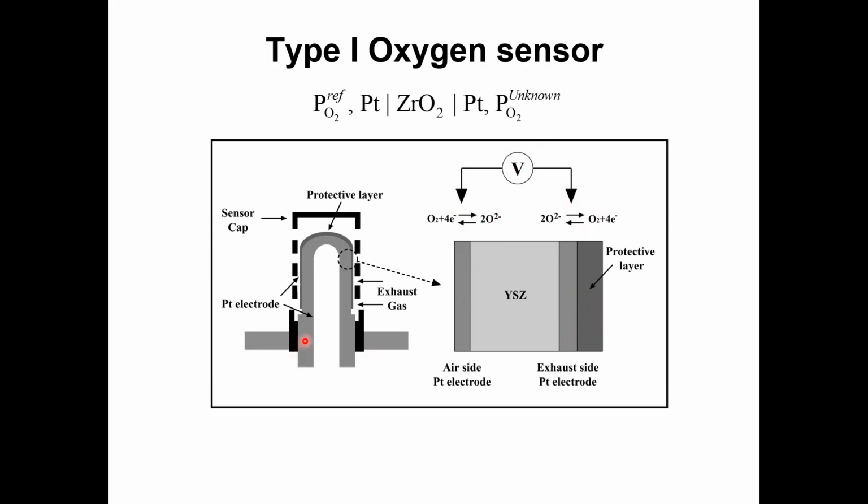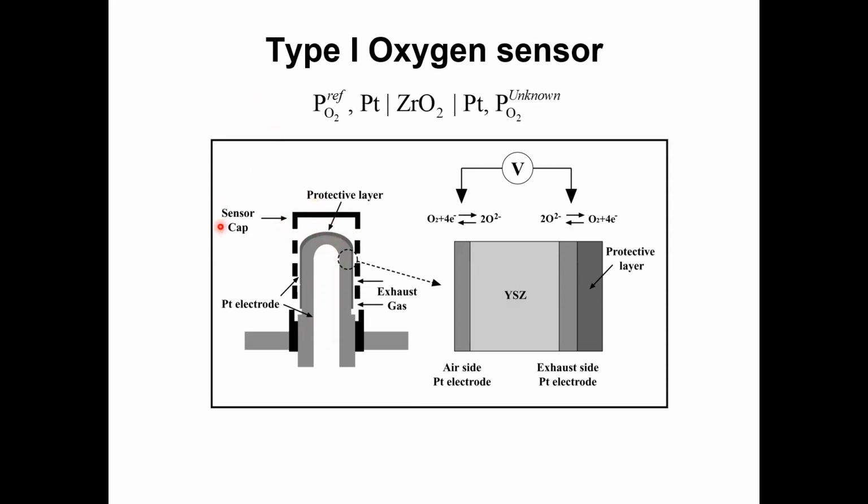So you get yttrium zirconia tube in tubular form, and then you trap air inside. So the inside air becomes the reference side, where you know the PO2, the oxygen partial pressure. So with respect to that known reference, you can detect the unknown, which is the outside.